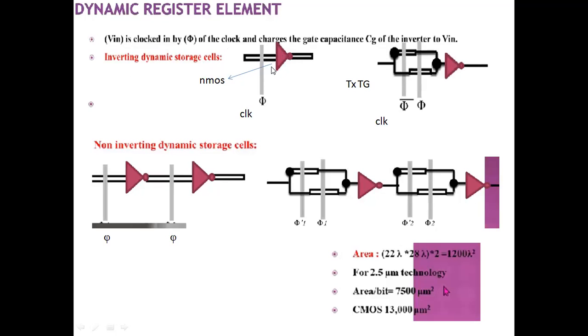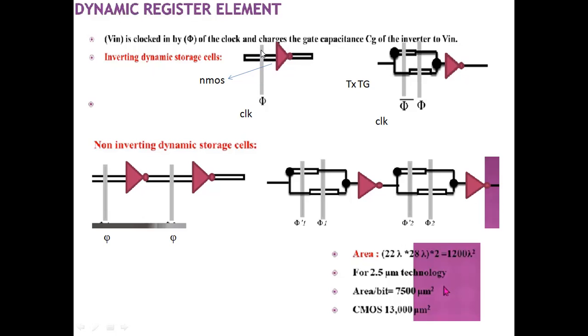This inverter can be used to negate the information stored at the input of this gate. Here Vin is clocked in by the Phi signal. As you can see, the input is the clock signal, and this clock signal will be able to charge the gate capacitance of the inverter.